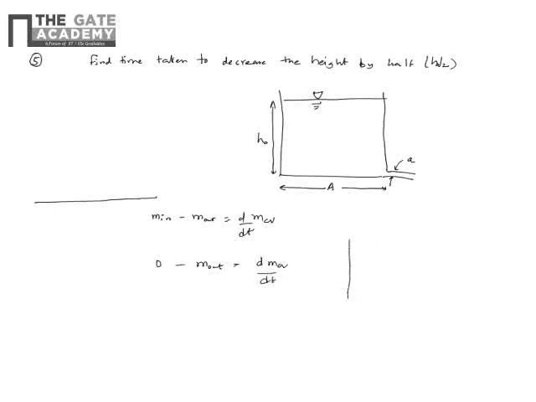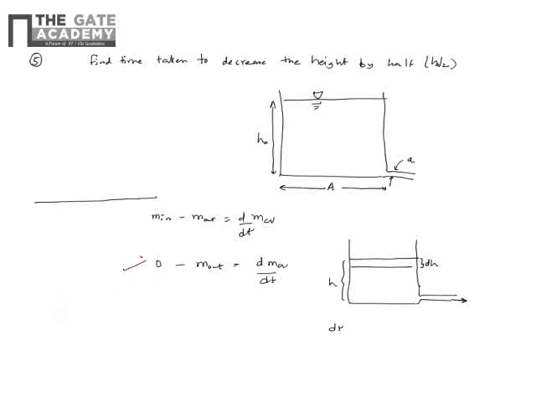So what we will do is, at any point of time the height is h, and in the next time dt the height has decreased by dh, and obviously some mass has gone out in the time dt.